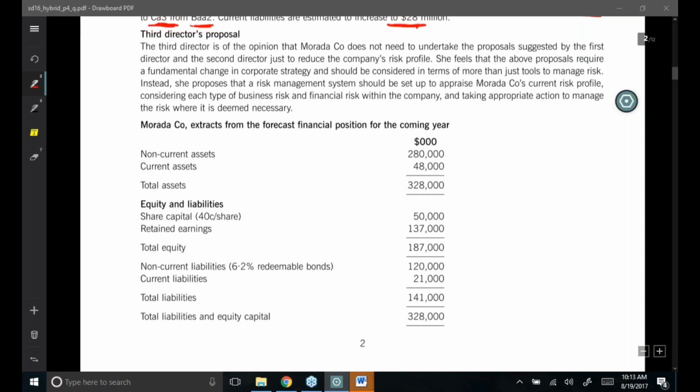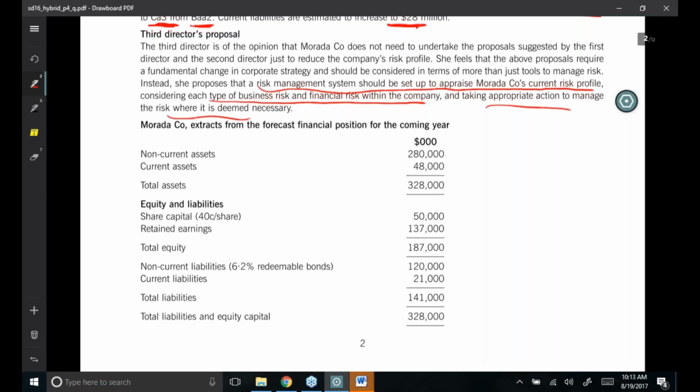She feels that the above proposals require a fundamental change in corporate strategy and should be considered in terms of more than just a tool to manage risk. Instead, she proposes that a risk management system should be set up. The whole risk management system should be set up to appraise the company's current risk profile, considering each type of business risk and financial risk, and taking appropriate action to manage the risk where it is necessary.